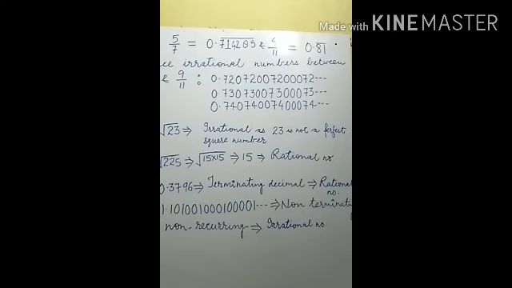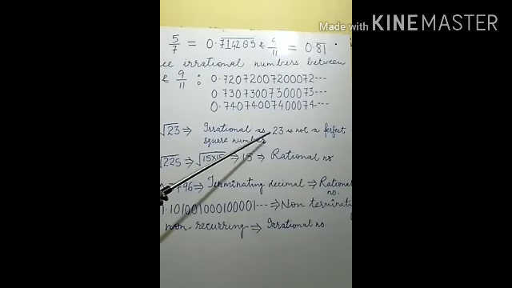As you know, 23 is not a perfect square. If any number in square root is not a perfect square, then what will the decimal representation of this 23 be? A kind of decimal would be there, and that decimal would be non-terminating, non-recurring. If decimal representation is non-terminating, non-recurring, so this indicates which type of number?